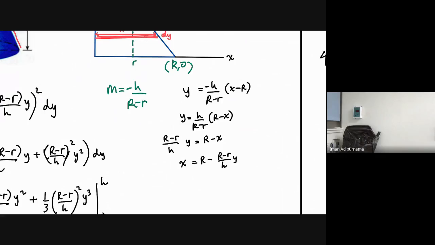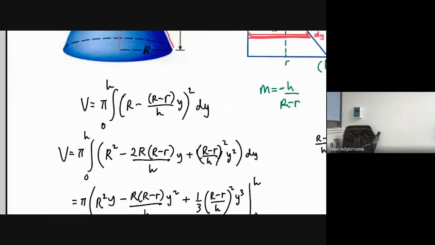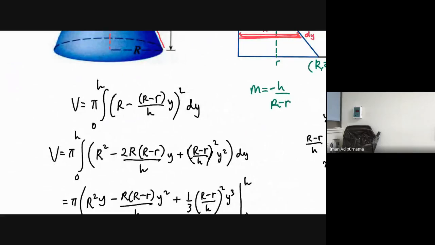So our integration will be the volume. We can use the disk method. Take the whole equation and just square it. It's pi r squared and then dy and then the integration. And we need to solve this. Put in 0 and h.